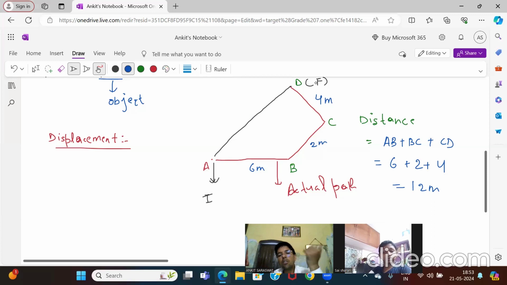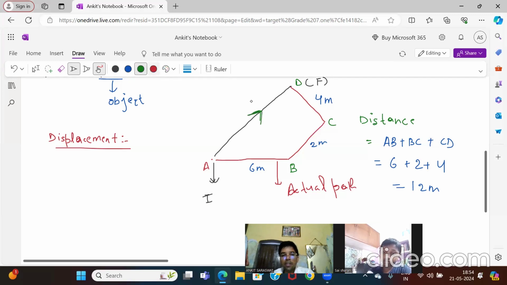Then what is the direction of displacement? Because displacement is a vector quantity, and you will learn the meaning of scalar and vector quantity in your later chapter. Displacement has a certain direction, like velocity has a certain direction. Similarly, displacement also has direction. See, what is the direction of displacement? It is from initial to final. This is the direction of displacement, from initial to final.